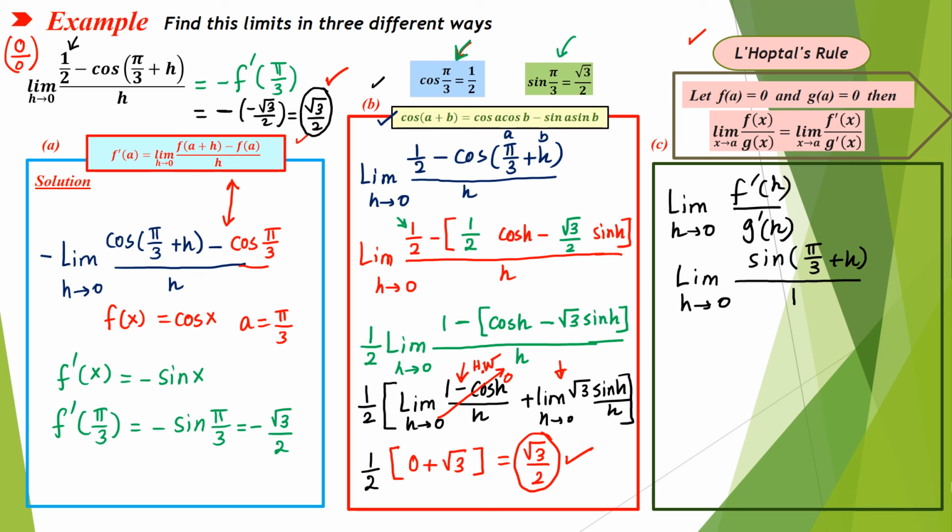So finally you have to use direct substitution, and you will get sine of pi over 3 plus 0, which is sine pi over 3, and as you know, pi over 3 is a remarkable angle, and sine pi over 3 equals square root of 3 over 2. And that's it. Thank you.